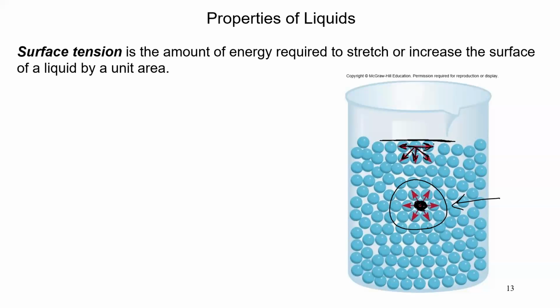And so the stronger the intermolecular forces are, the more energy it takes to break that surface tension, right? Hopefully that should make some sense to us. So just generally speaking, if we have stronger intermolecular forces, and again, I'm going to abbreviate that IMFs, then we have higher surface tension.